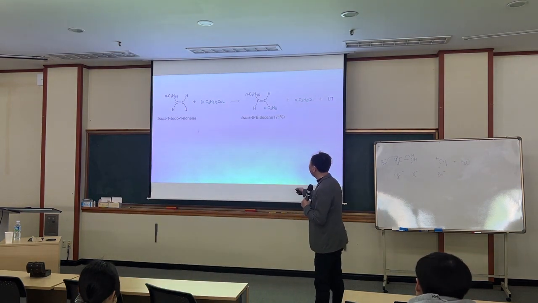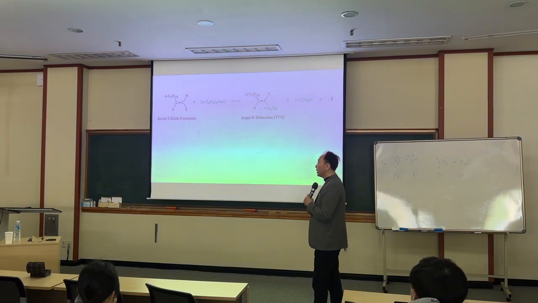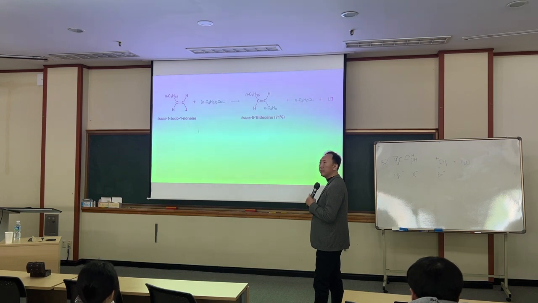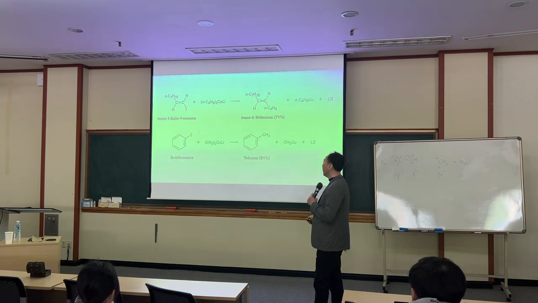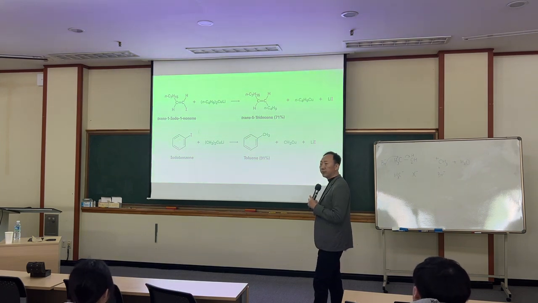So this is a 4-carbon nucleophile, Gilman reagent, and then this reacts with this. This is alkyl halide. It's electrophile, and then it reacts with this coupling, or even a benzene ring, alkyl halide, and this reaction can happen.